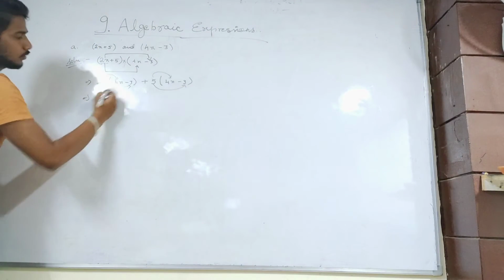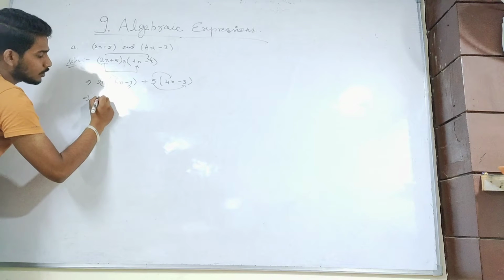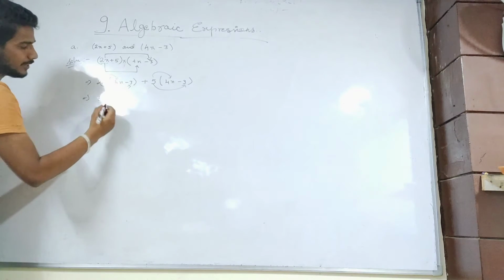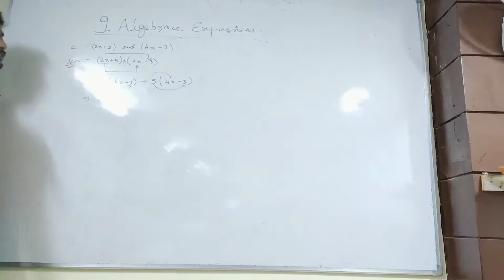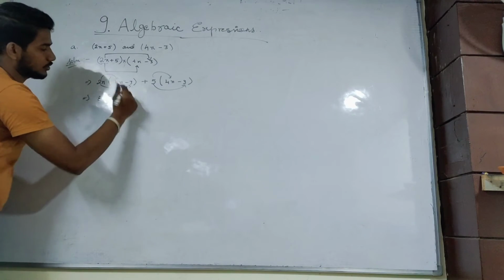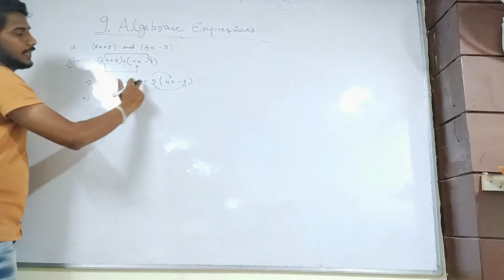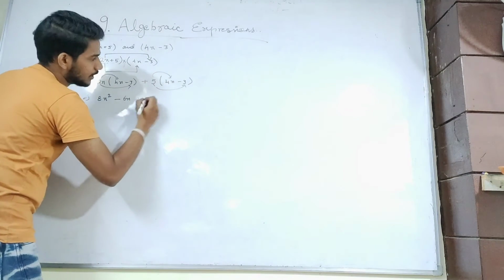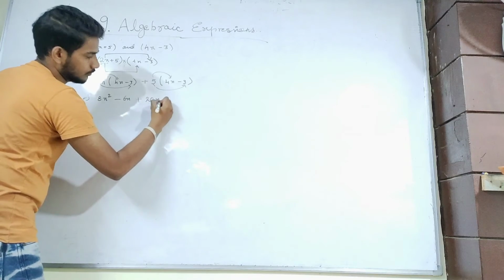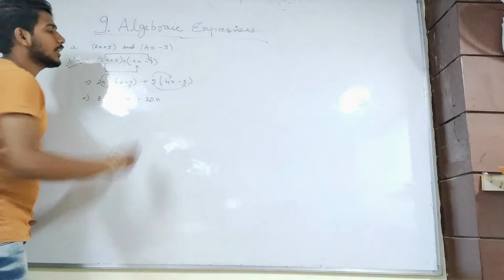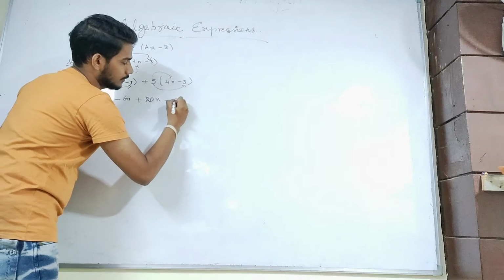So 2x into 4x will be 8x square, since x into x is x square. Then minus 2x multiplied by 3 will be 2 into 3, minus 6x. Then plus 5 into 4x will be plus 20x. After that, 5 will be multiplied by minus 3, which will be minus 15.